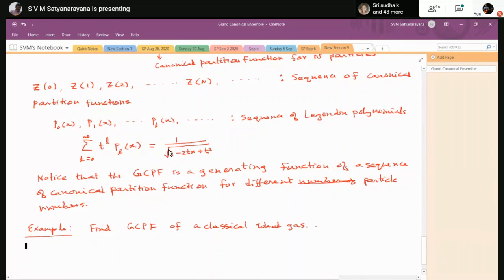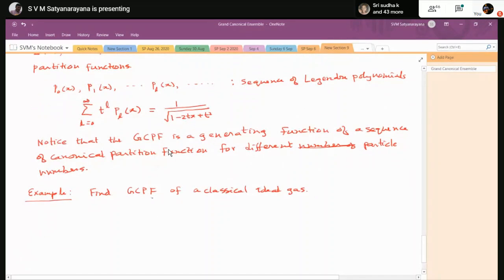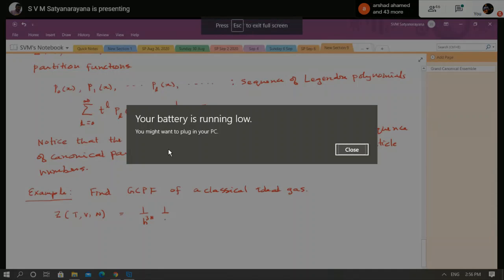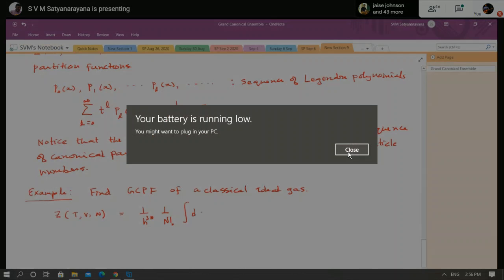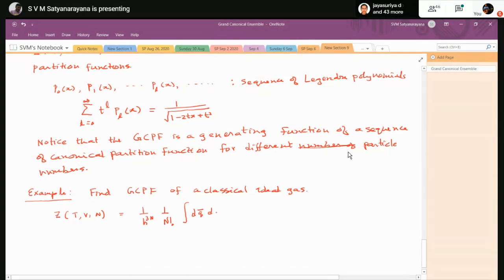Now I'm sure you have at least calculated this Z as a function of T, V, and N. You know it is equal to 1 over h to the power 3N into 1 by N factorial, this is for the Gibbs paradox, and the integral dq bar dp bar into e to the power minus beta H of q bar, p bar.